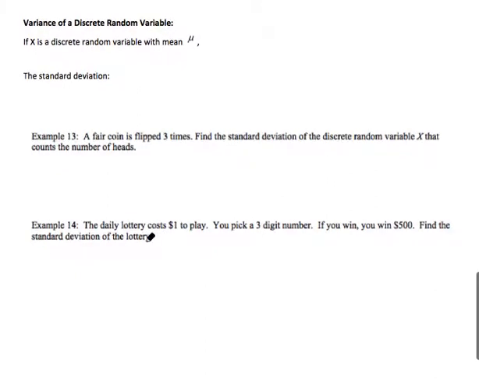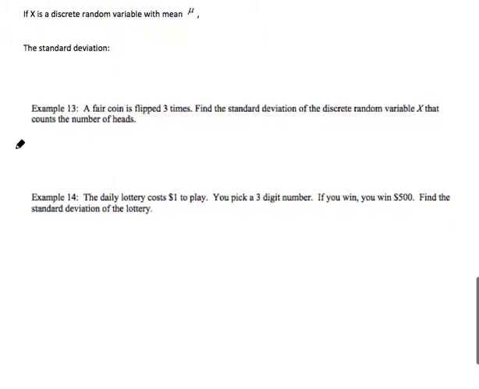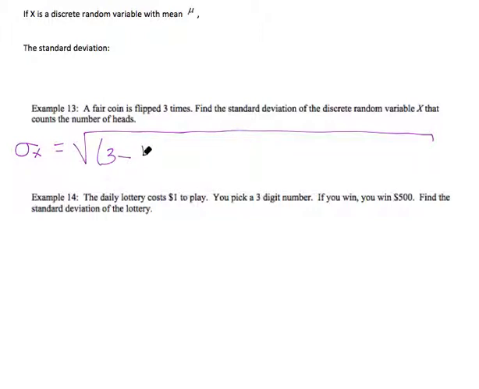Okay, an example in your notes. Back to our fair coin that is flipped, with the information from before. It's asking for the standard deviation. So the standard deviation is equal to the square root of 3 minus 1.5, because remember it was getting 3, 2, 1, or 0 heads. The 1.5 was the expected value that we found earlier in your notes, and 1/8 was that probability.